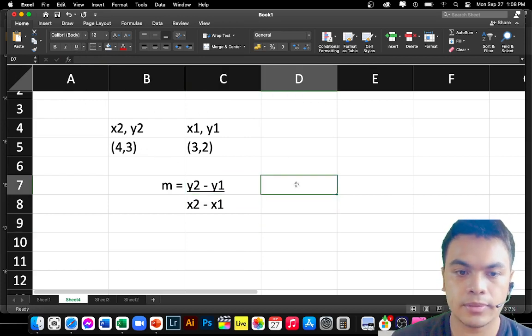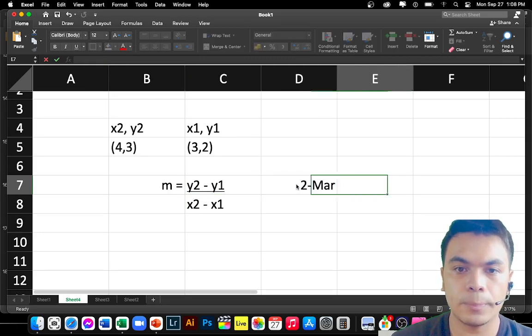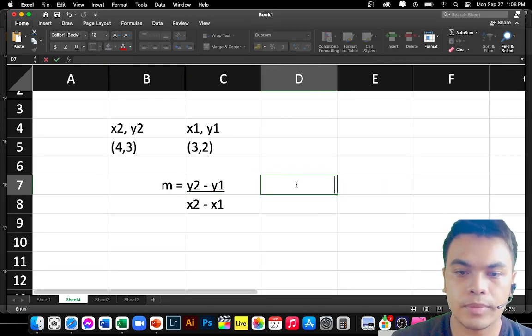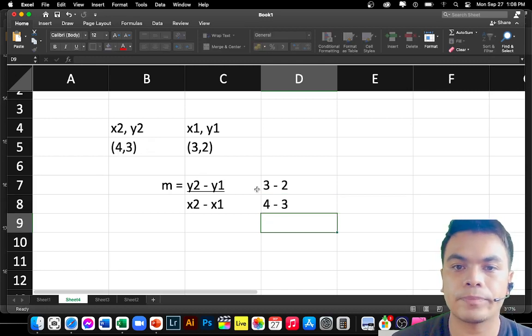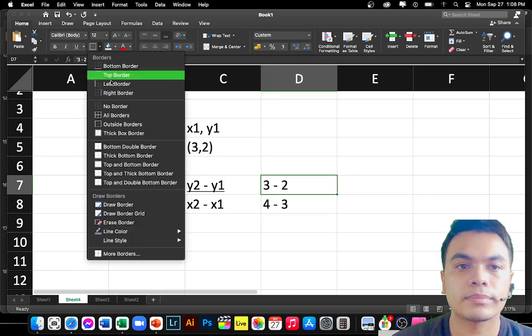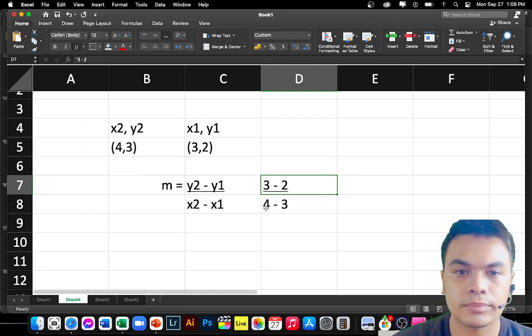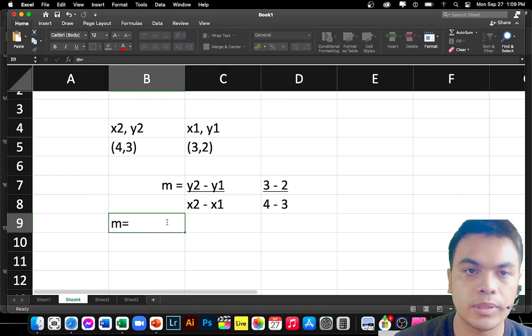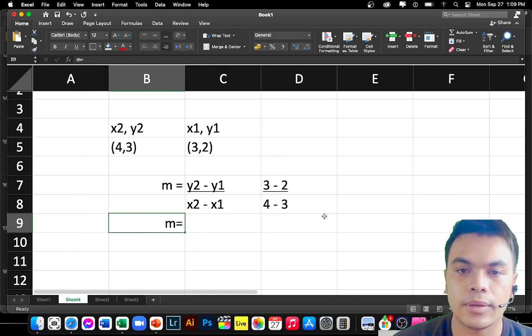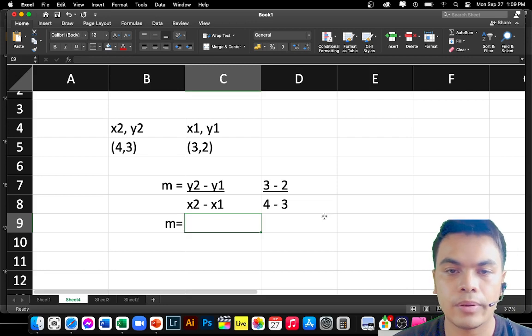That is 3 less 2 over our delta x, which is 4 minus 3. Let's move it here. M is equal to 3 minus 2, that is 1, over 1.